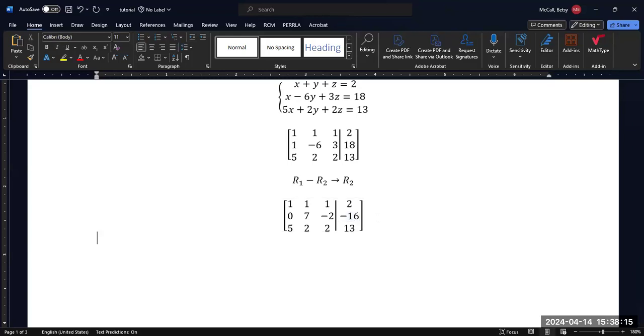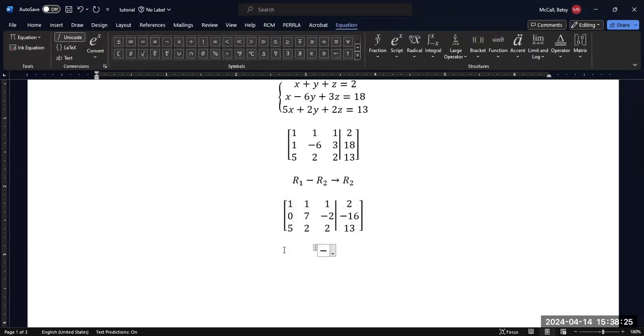Now I'm going to have to do the same kind of thing, but with the next row, I want to cancel out this 5. So now I'm going to say -5 row 1 plus row 3 is going to go back into row 3.